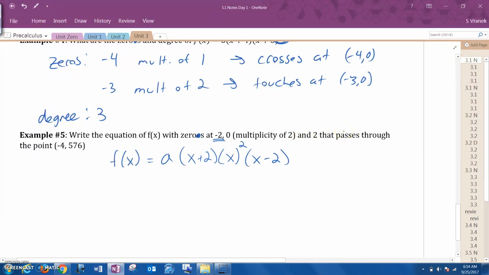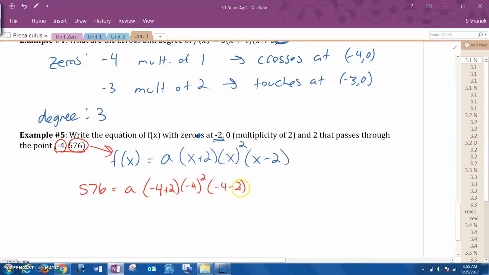So to find the a value, you just have to plug in this point that I gave you, this is your y, and this goes in for all the x's. So you get 576 is equal to a times negative 4 plus 2 times negative 4 squared, which will be 16, times negative 4 minus 2.